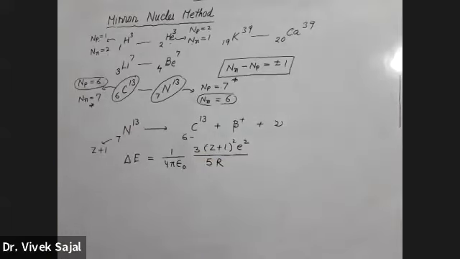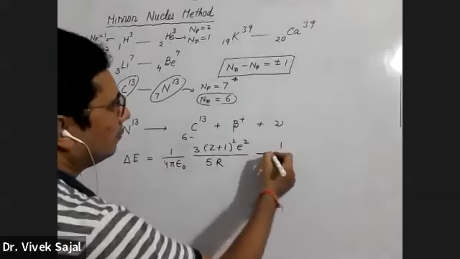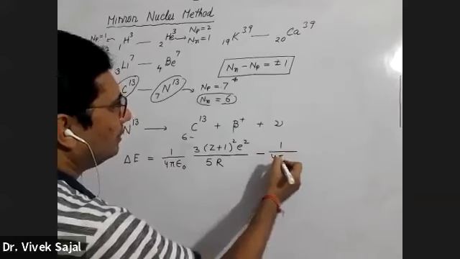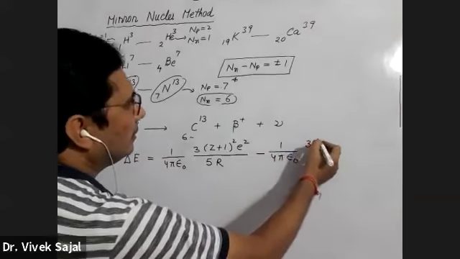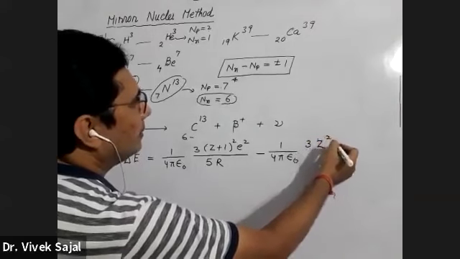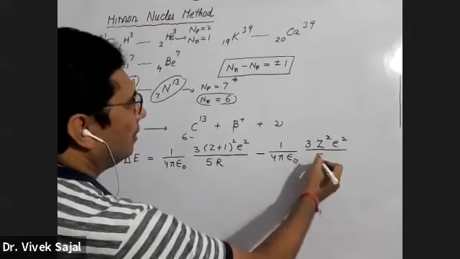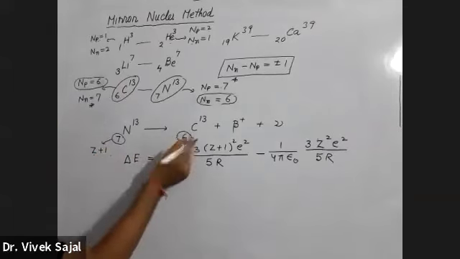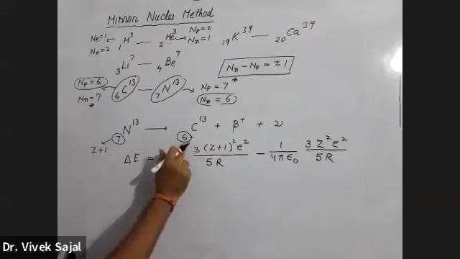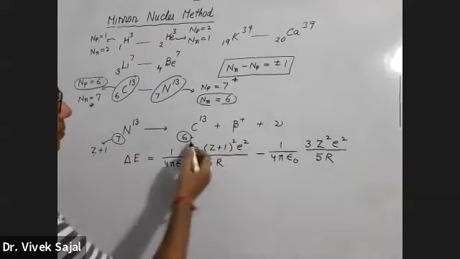This will be the binding energy of this, minus 1 upon 4 pi epsilon naught 3 Z square E square upon 5R. Here the higher number is Z plus 1, which is 7, and the lower number Z is 6.